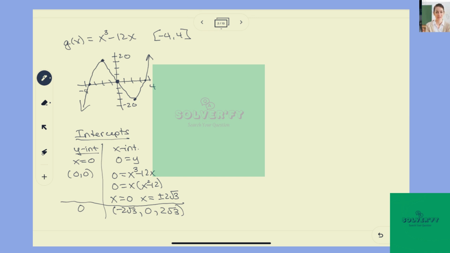I'm going to indicate extrema. So I'm going to take the derivative, which is 3x squared minus 12. Set that equal to 0. Factor out that 3. So I have critical values or critical numbers at plus or minus 2. So I'm going to put them on a number line.